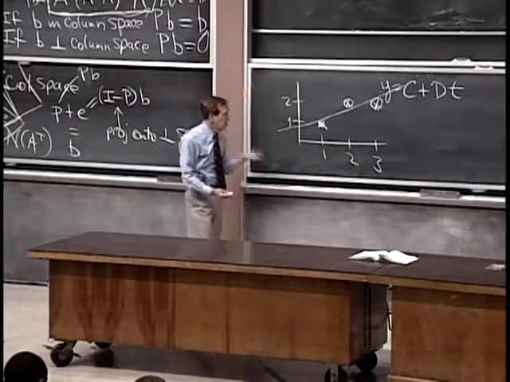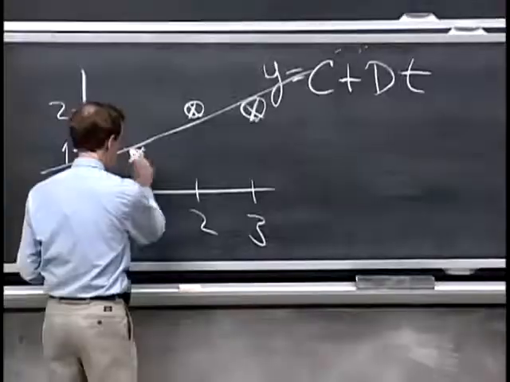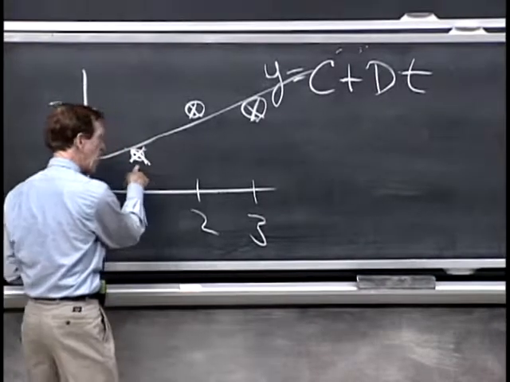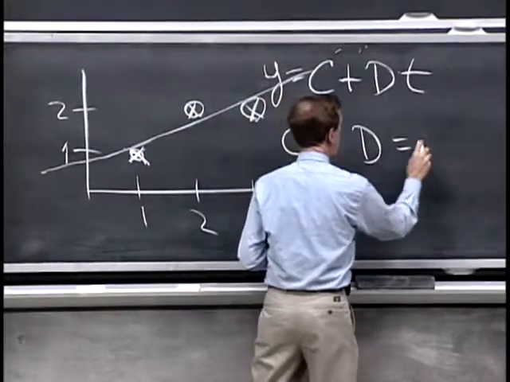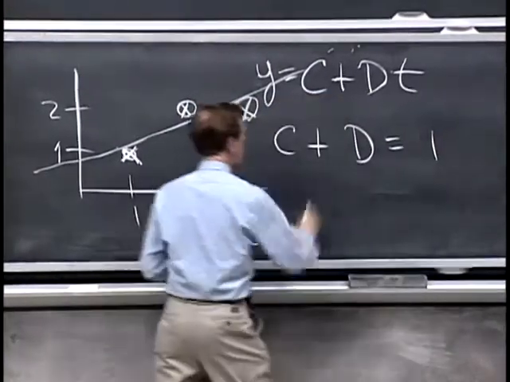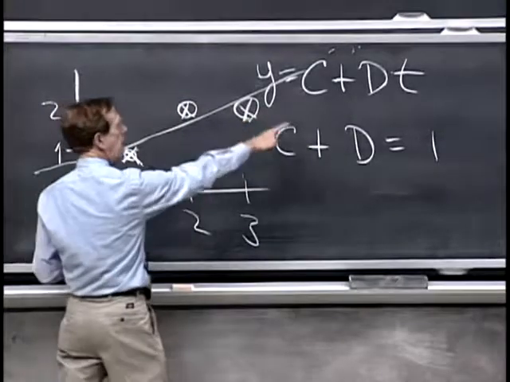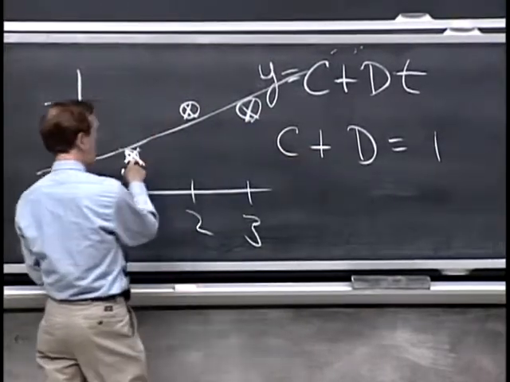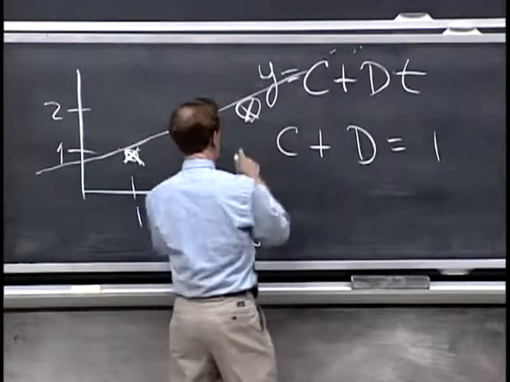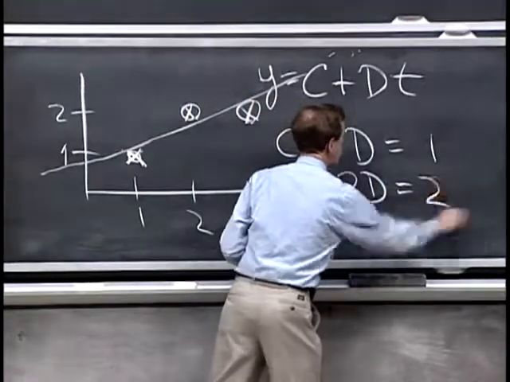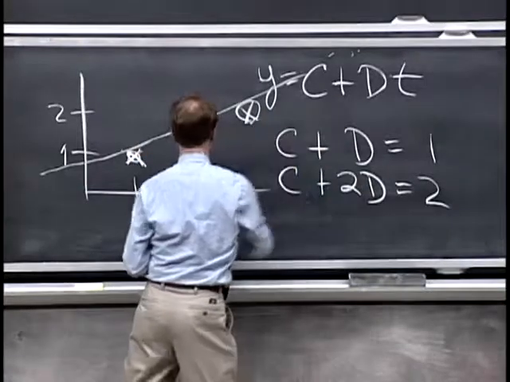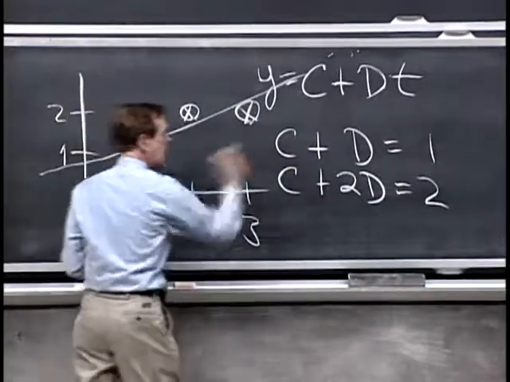Okay. So if I went through that point, I would solve the equation C plus D equals 1. Because at t equal to 1, I'd have C plus D, and it would come out right. If it went through this point, I'd have C plus 2D equal to 2. Because at t equal to 2, I would like to get the answer 2.